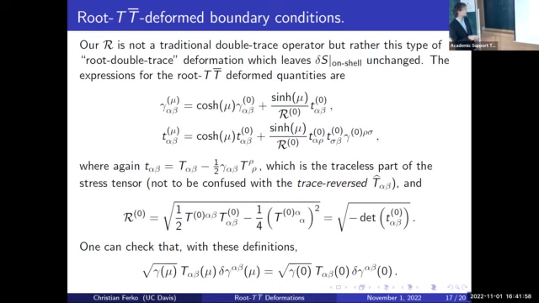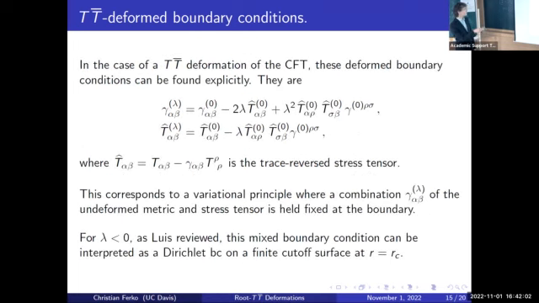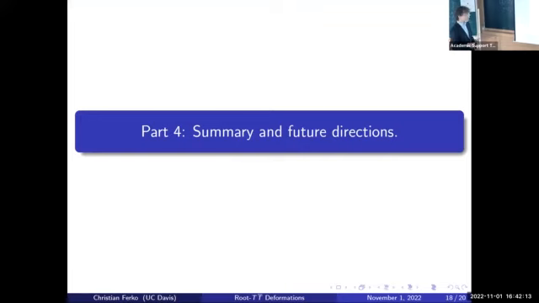If you start with some metric and plug in these changed boundary conditions, and then go back to TT bar and plug in the root TT bar deformed boundary conditions as a seed, that's the same as going in the other order. So holographically, things seem to commute as well. There are some other properties I can tell you about afterwards if you like, you can ask.